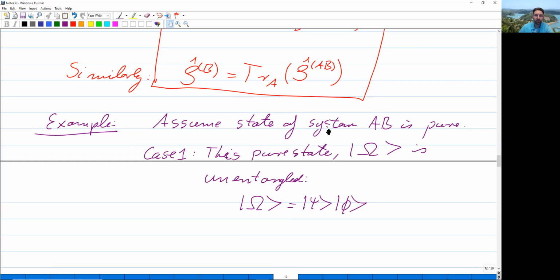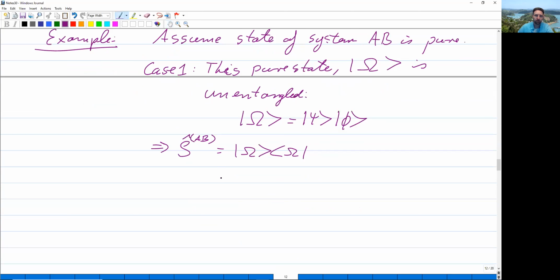So assume that the total system AB is pure, and that pure state is called capital omega. And case 1 is that this pure state is unentangled. So we can write it in this form. So therefore, the density matrix of our total system is equal to omega, which we can also write as psi phi psi phi.